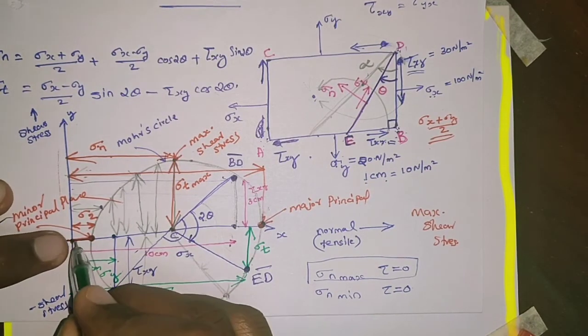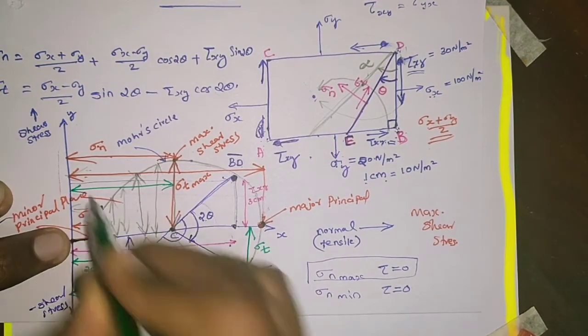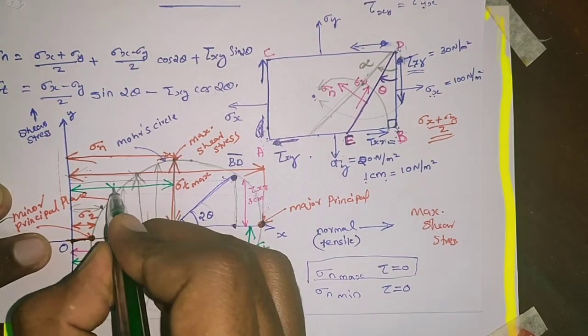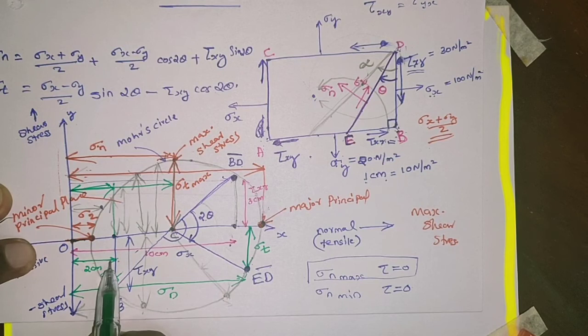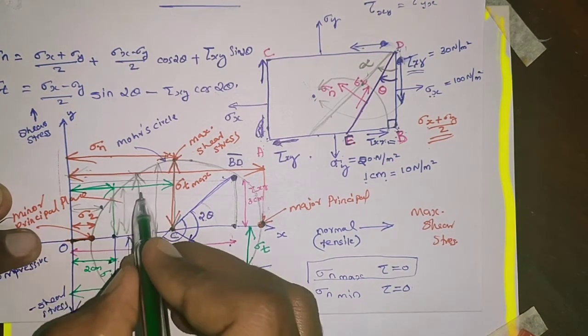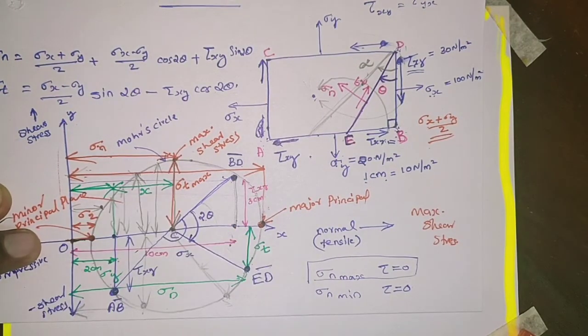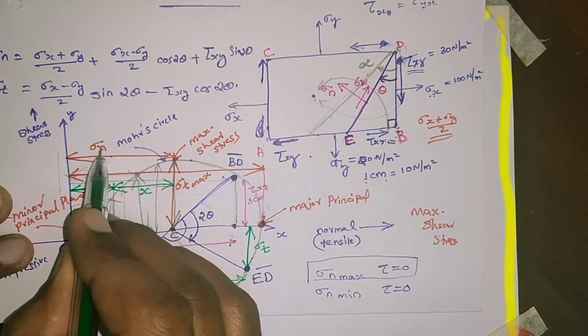For example, what is this distance? This distance is equal to sigma y. And so sigma y plus this distance x equals sigma n.